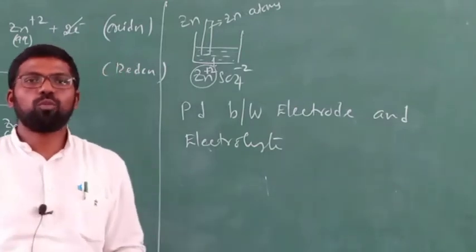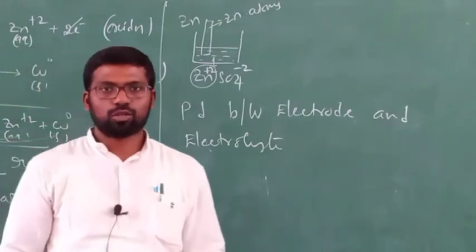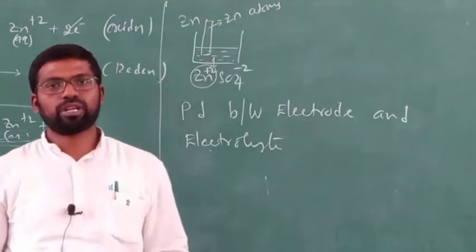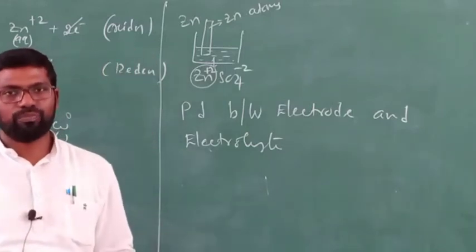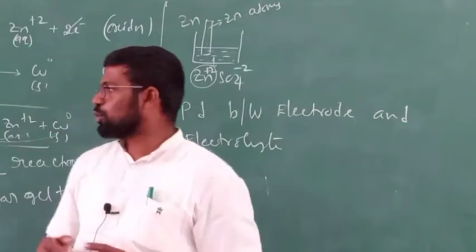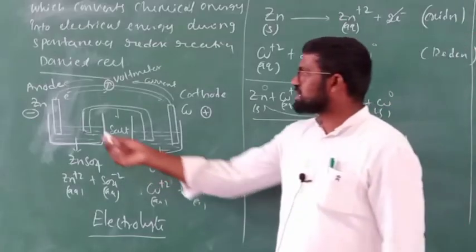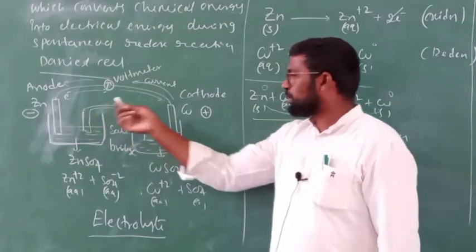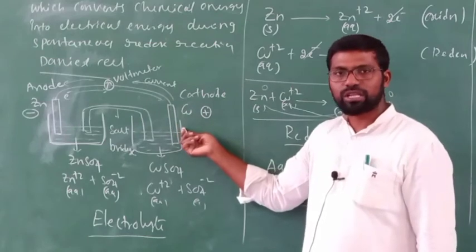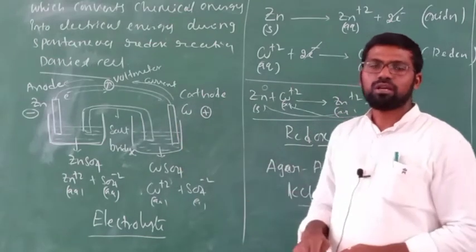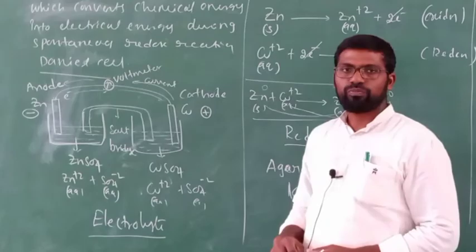Some electrodes have more potential to lose electrons. Some electrodes have more potential to gain electrons. The electrode which has more potential to lose electrons acts as the anode. The electrode which has more potential to gain electrons acts as the cathode.